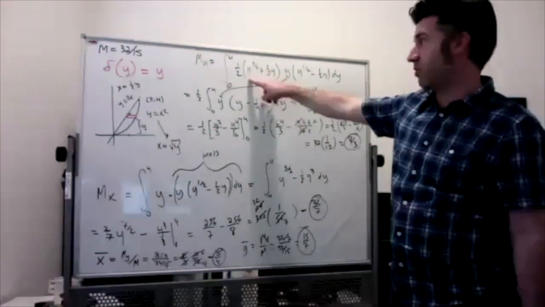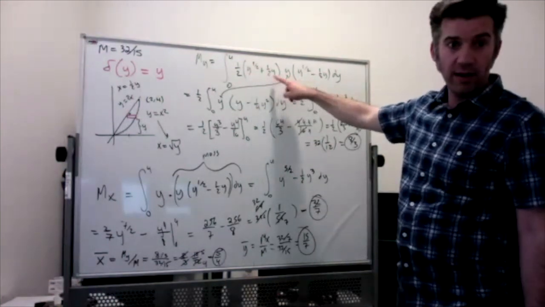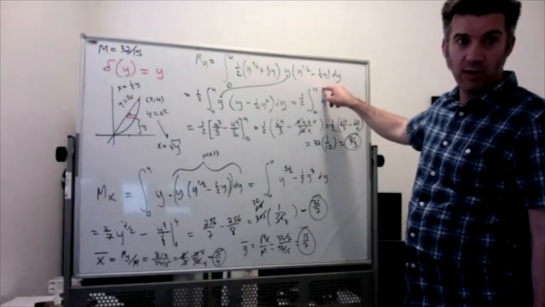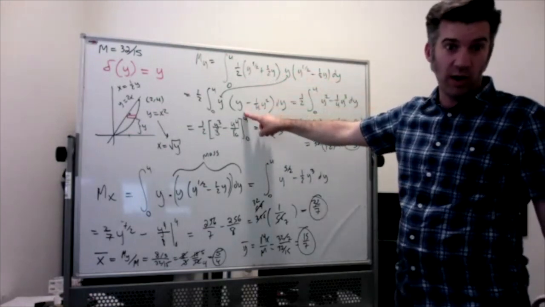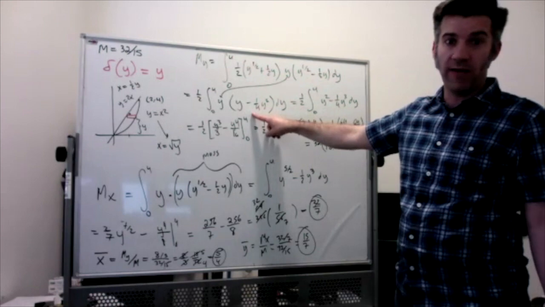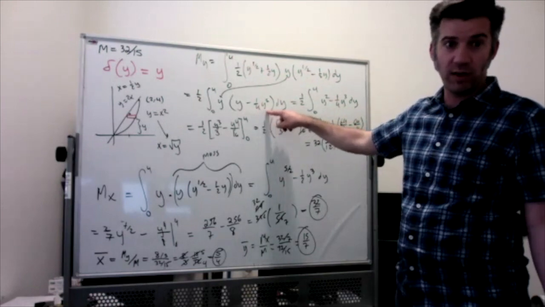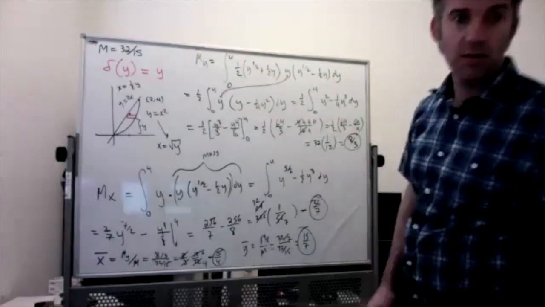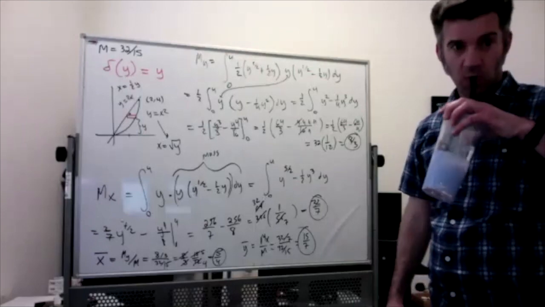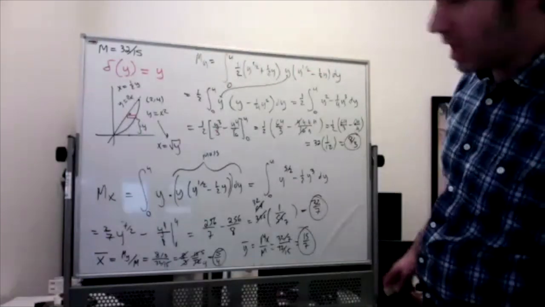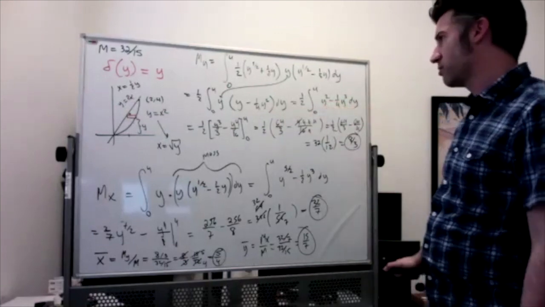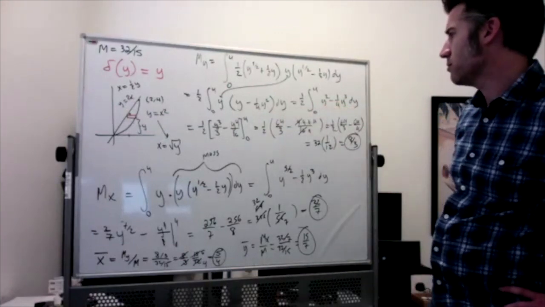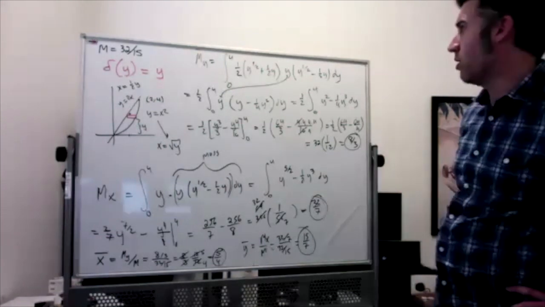So that's y to the 1/2 plus 1/2 y times y to the 1/2 minus 1/2 y. So I'm getting y to the 1/2 squared, which is just y, minus 1/2 y quantity squared, which is 1/4 y squared. Oh, so you just multiplied it. And then I multiplied the y through to get y squared minus 1/4 y cubed. Yeah, okay. That was my question. Thank you. You're welcome.